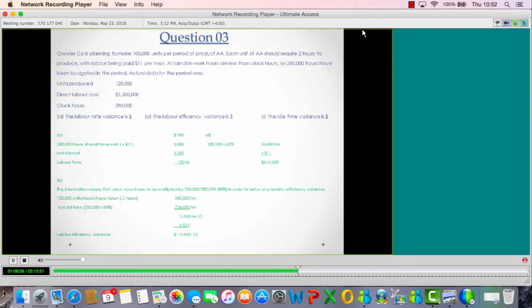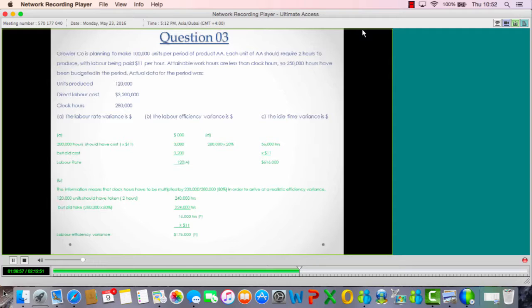That is what they're telling here. That means if they work 100 hours, actually what they have worked is 80 hours. The 20% is idle time.